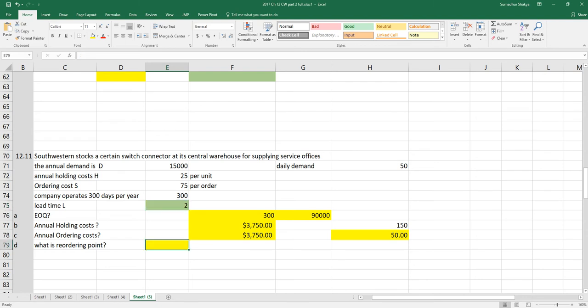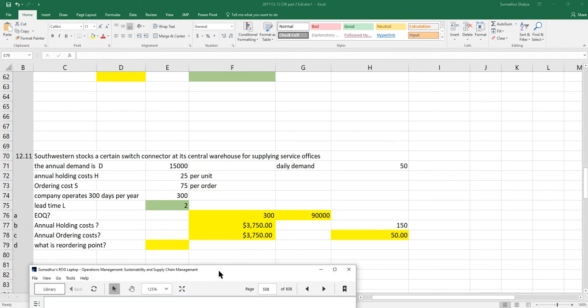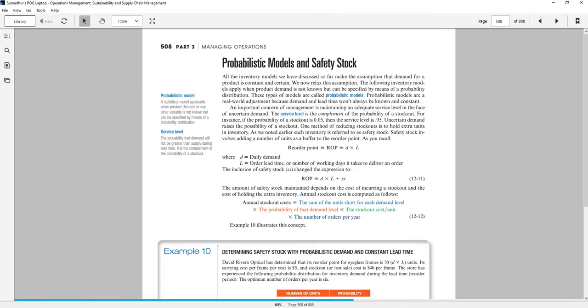Just to refresh, our reordering point is the daily demand times the lead time.